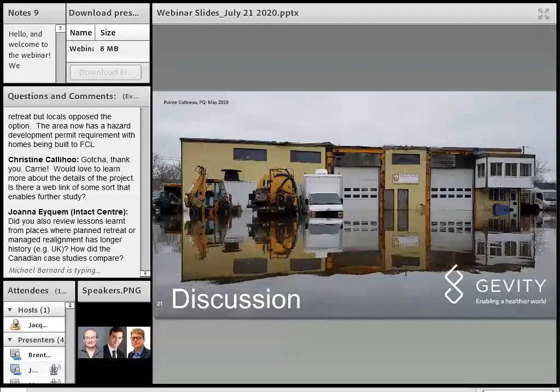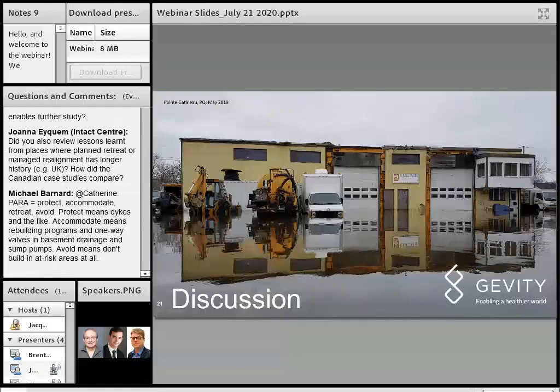We had a specific question about the Gatineau case study. They were provided $200,000 to relocate. Did citizens view that as an ethical and appropriate amount for them to move, or did they struggle with the relocation? I would say it really comes down to the value of the house of the people who are considering a retreat.